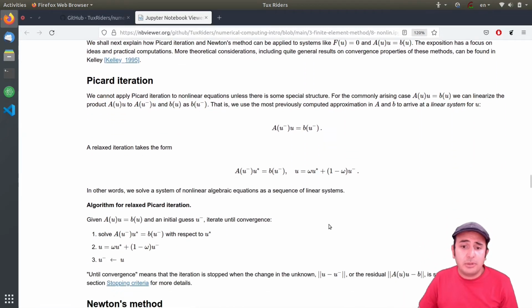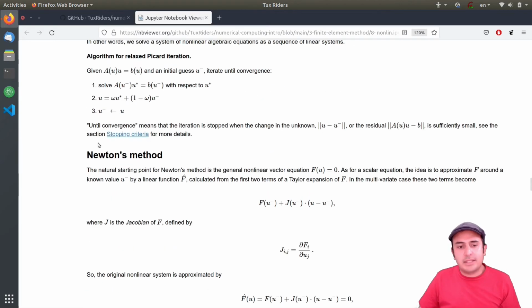So with the Picard equation, that's the same. We define an intermediate U, and then we update. As you can see here, we solve this one using finite element, finite difference, whatsoever, and in this case, this is a relaxation. You can see we apply, and then we apply again. We have U assigned to the intermediate U, and then we continue the operation.